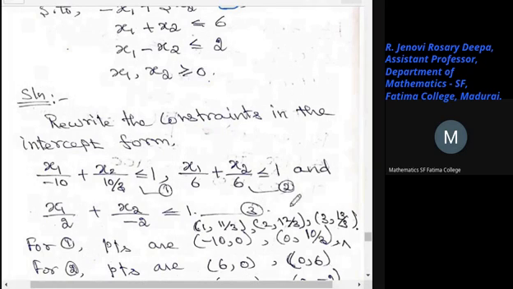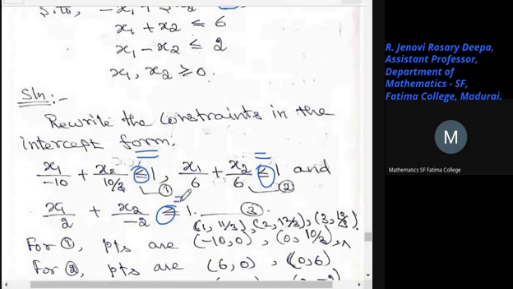So we now have these three constraints. You can consider the less than or equal to as an equation, and that becomes the equation of a straight line. So all three equations you can write in this format.